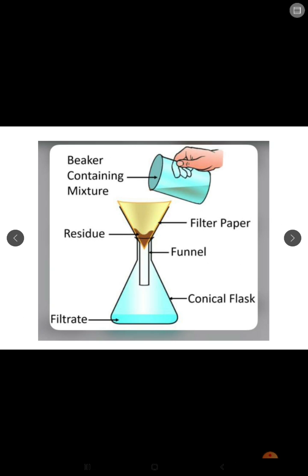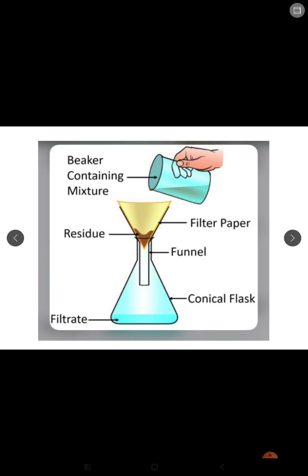Check here, this is the impure water. This is the filter paper kept in a funnel. You can see here on this funnel filter paper is kept by making a cone. This is a flask. When impure water is poured in this filter paper, the impurities are collected here and these impurities are known as residue.